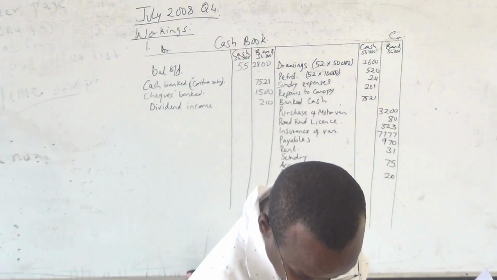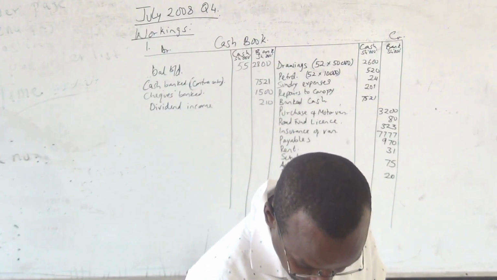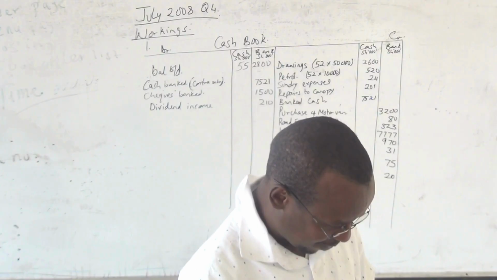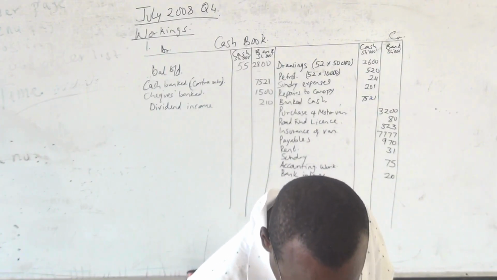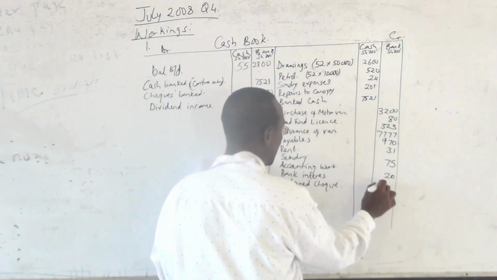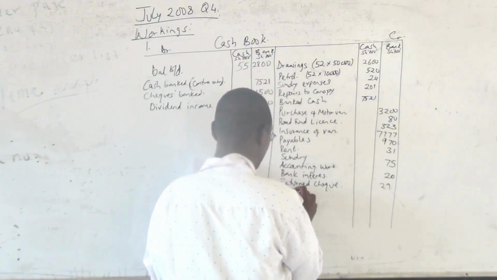That one we're going to treat when it comes to the income statement. There is a returned check of 29. Then a balance carried down.